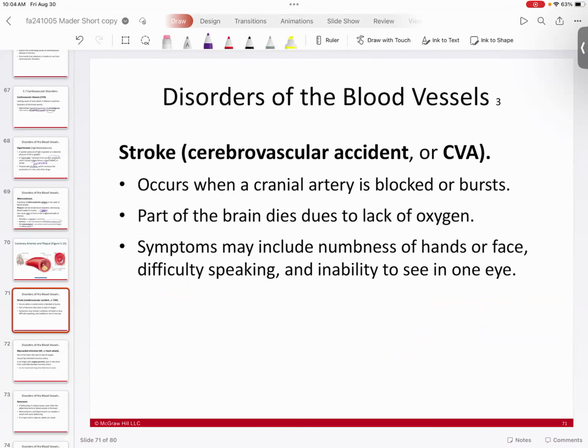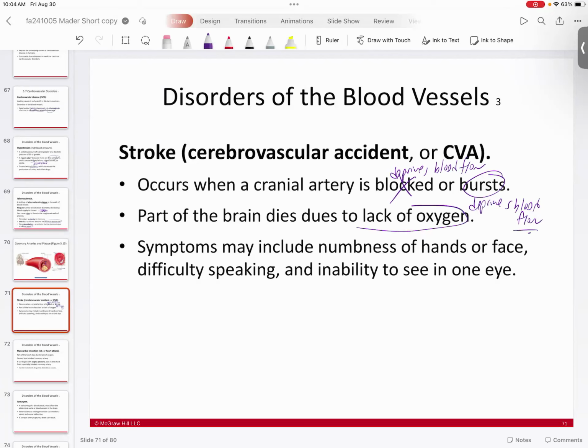a heart attack. So stroke, or CVA, which stands for cerebral vascular accident, is basically when a cranial artery is either blocked, that deprives blood flow, or a burst, which also deprives blood flow. Both, right?